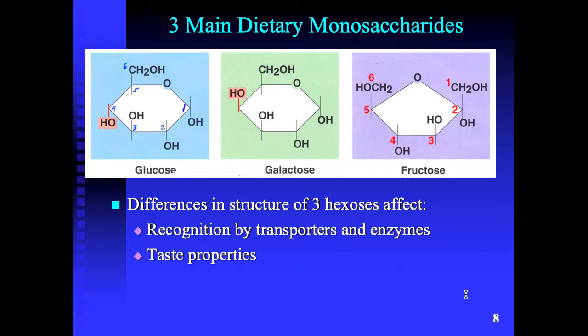In other words, transporters can tell what they're transporting, and we'll have some good examples of that as we go through metabolism, but that can determine whether or not these guys get inside cells. Remember, these are water soluble. They need membrane transporters to get in and out of cells. So that's going to be a big part of what we learn. And then also enzymes, of course, are often very specific to their substrate. So we'll look at that.